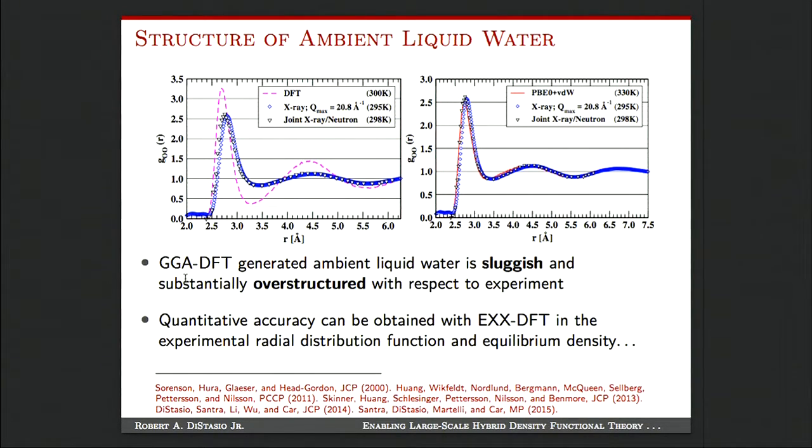So in order to get semi-quantitative or quantitative accuracy in the radial distribution function and a correct recovery of the equilibrium density, we're actually getting it to within 1%, you really need to go beyond the standard GGAs. Van der Waals, or non-bonded interactions, play a key role, as well as exact exchange.